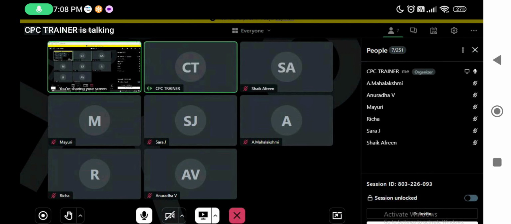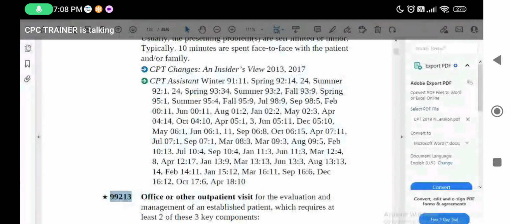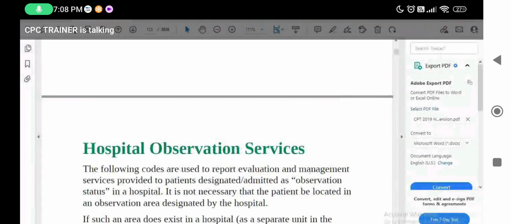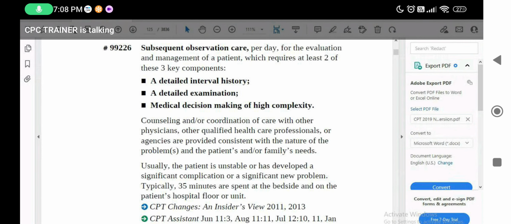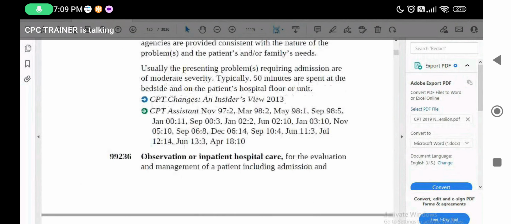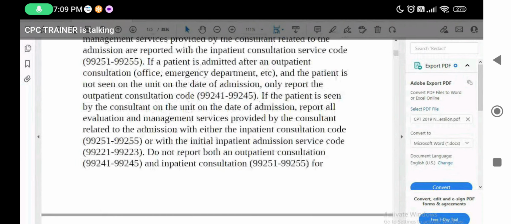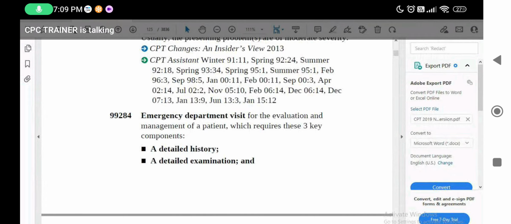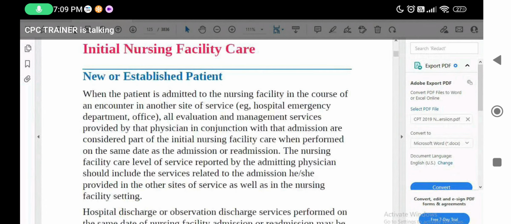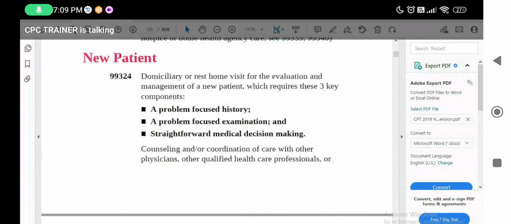I hope you remember that in our demo we discussed the E&M topic. So after completing the E&M series, you scroll down again, and the next topic in your CPT book comes under the anesthesia codes, guys.